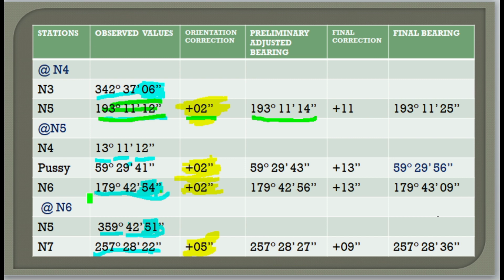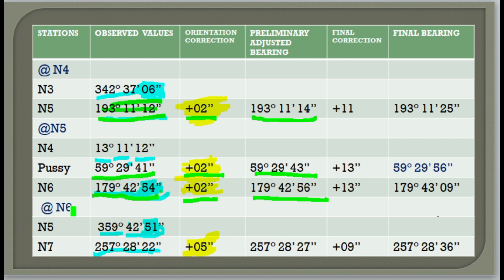On our next part, there we have two observed values from the control station. N5 are being oriented. So there the observed value of N5 to the rat, we add the orientation correction, and also from N5 to N6 we add our observed value with the orientation correction, and we get our preliminary adjusted bearings.